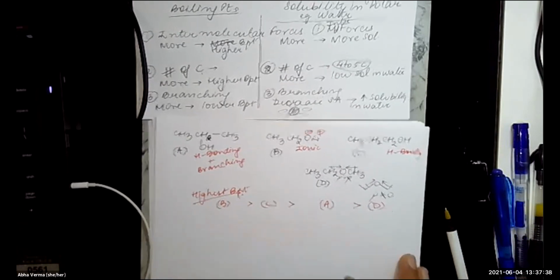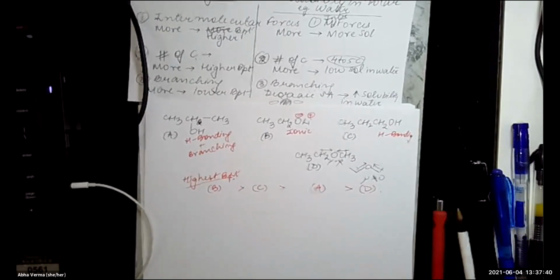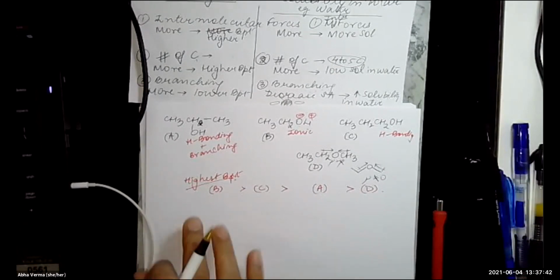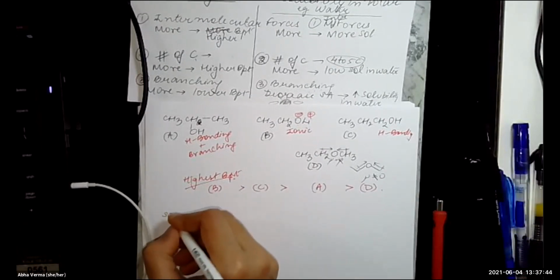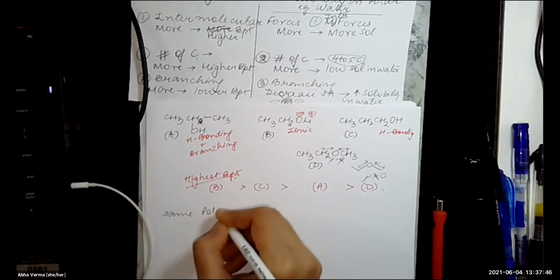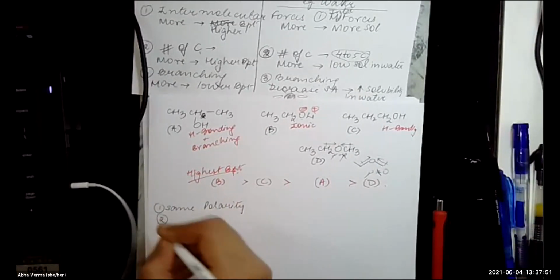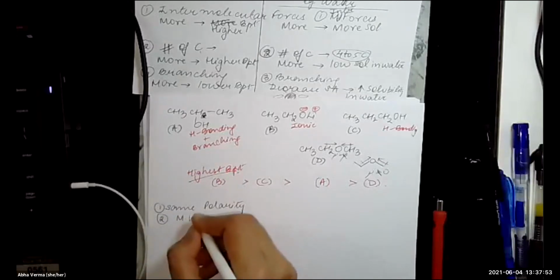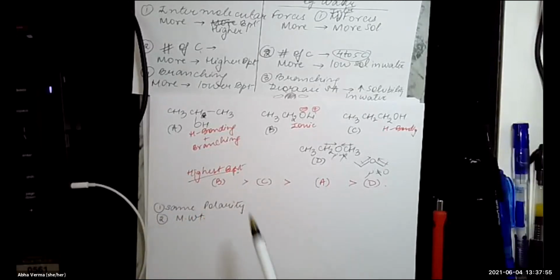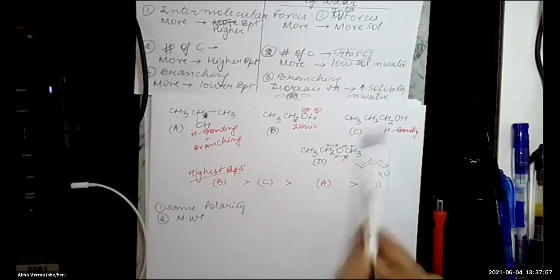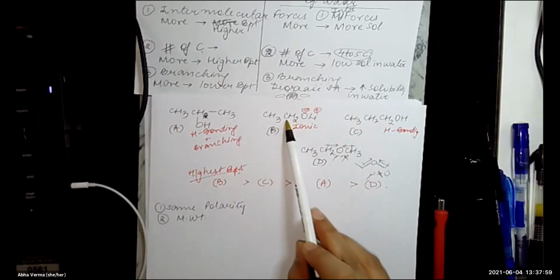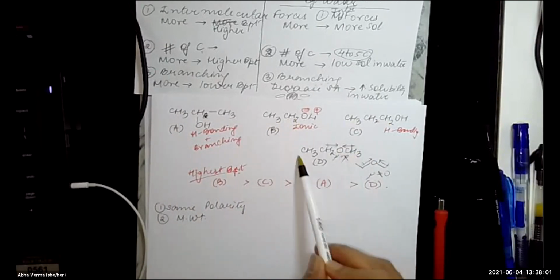Okay, so you have to be careful: go with the same polarities first. Check out the same polarity first. Then check molecular weight. What does that mean? 3 carbons, 3 carbons, 2 carbons, still 3 carbons.